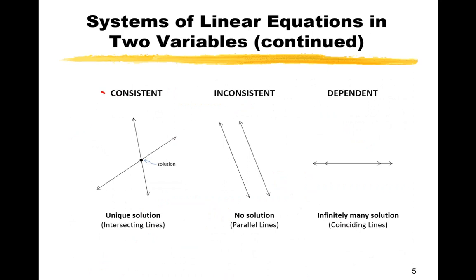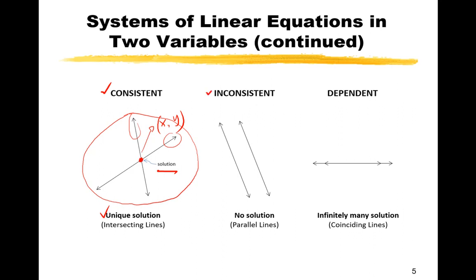To better visualize, here it is. Kapag sinabing consistent, we have two equations or two lines right here na nag-intersect sa isang point. Yung point of intersection na yan, this one, is what you call your solution. This is the set of ordered pair na nasa-satisfy both the equations, okay, represented by these lines. Kaya siya unique solution dahil sa isang point lang siya nag-intersect.